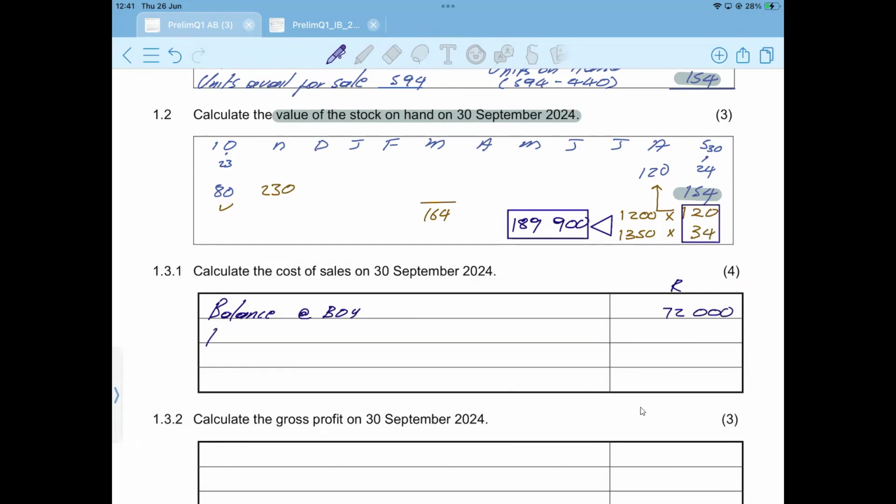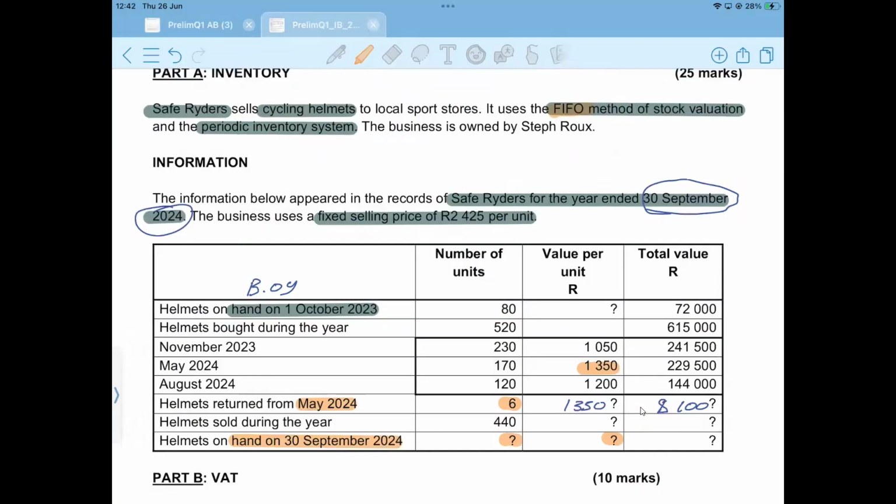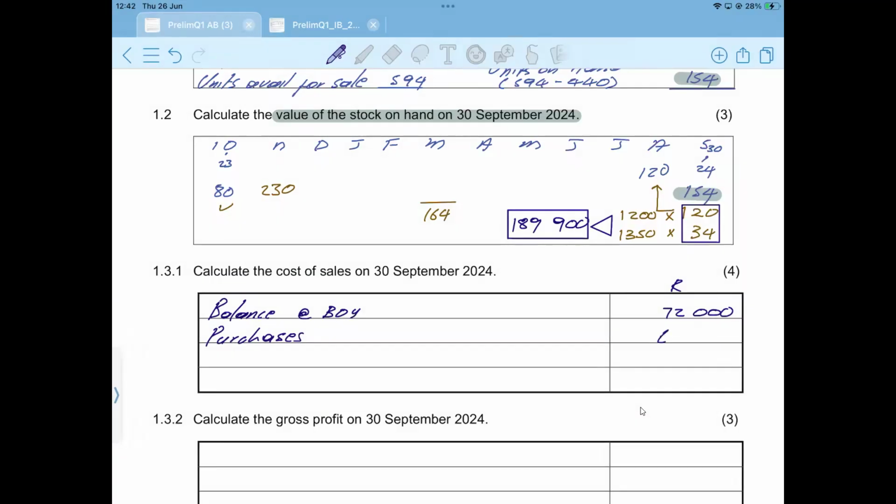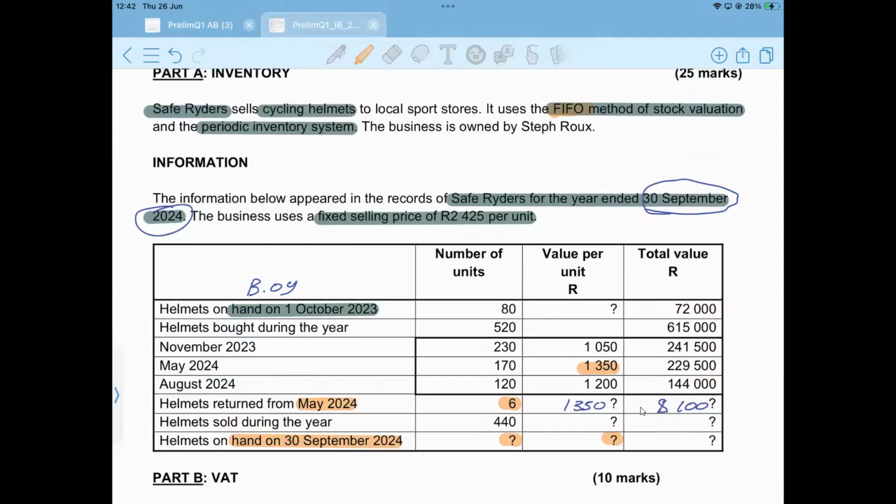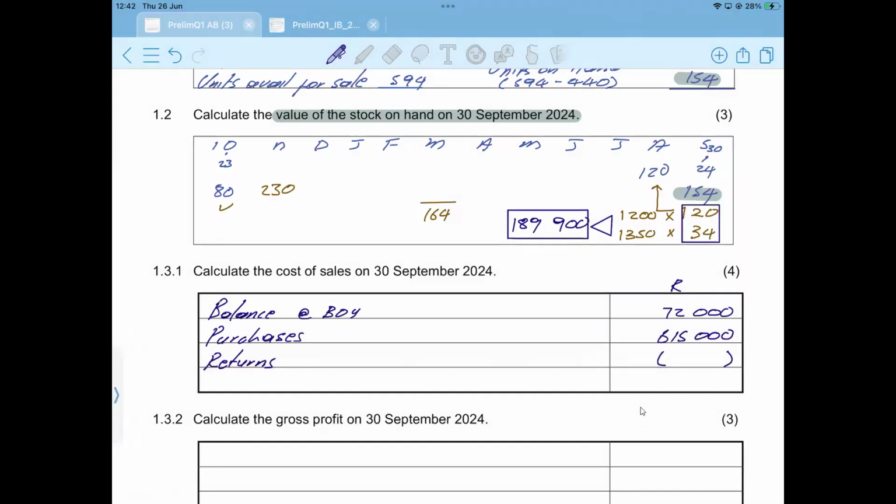You will add the purchases, which amounted to 615,000. And then you minus the returns, which amounted to 8,100.